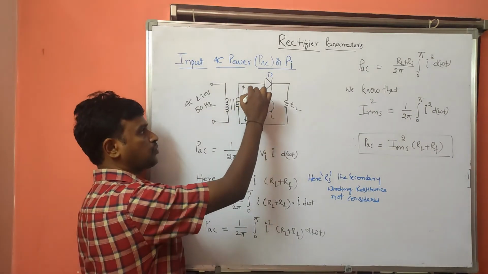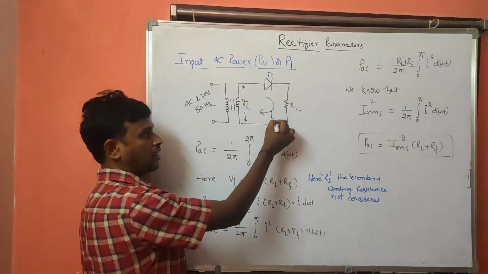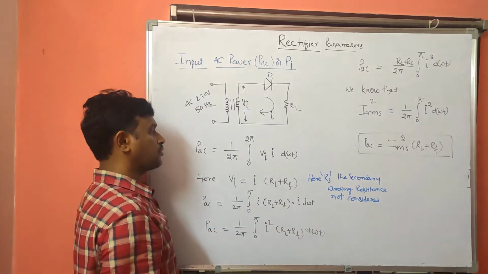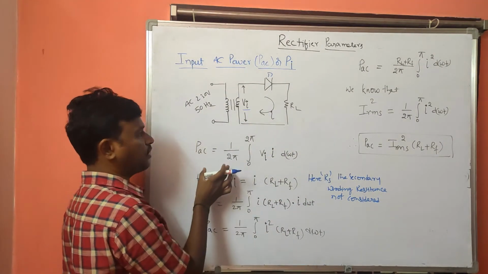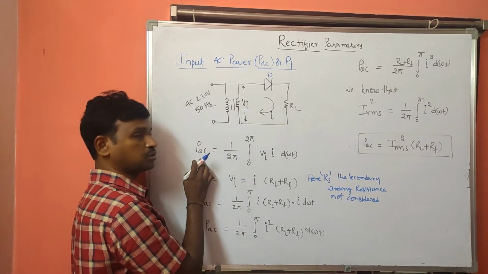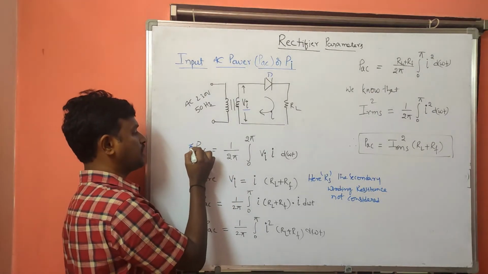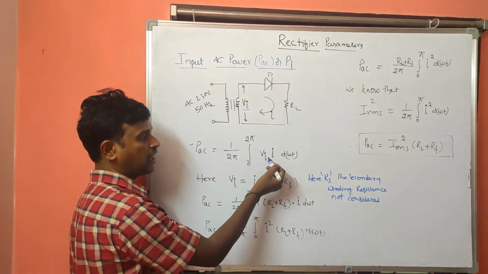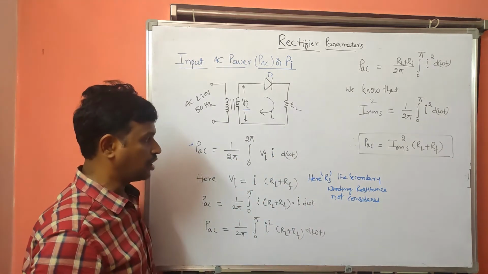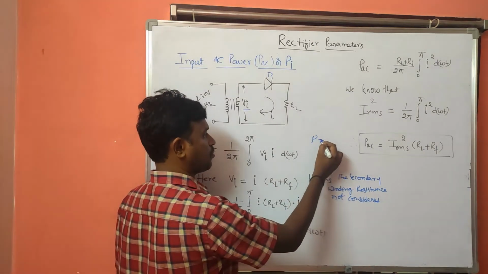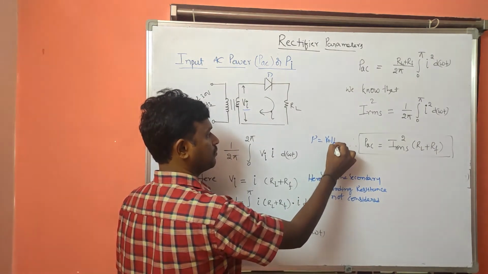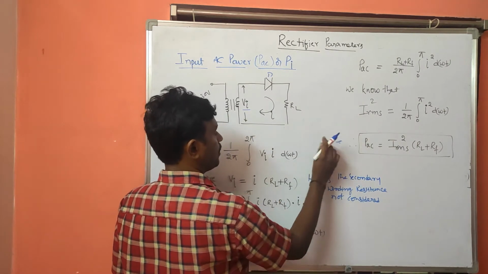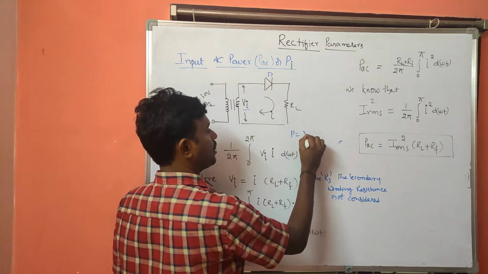Due to this Vi there will be a current flow, that current I am taking as I, across the R. So I can define PAC, the AC input power, is equal to 1 by 2 pi, integral 0 to 2 pi of Vi multiplied with I d omega t. Generally power is equal to voltage multiplied with current, P is equal to V into I.